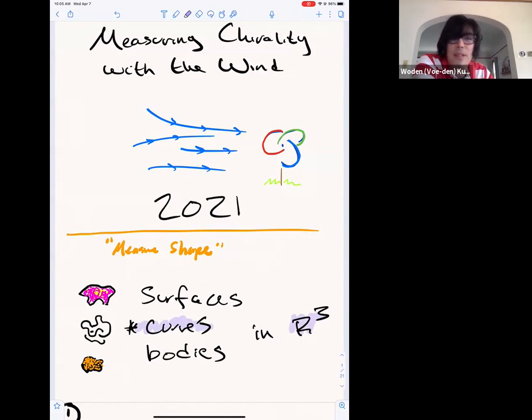As you'll notice, I've said torque a number of times. We'll use some of the nice identifications in R3 to make sure that we're not mixing up vectors and covectors and things like that. Okay, so that's our plan. And we'll go into a little more detail with definitions to start with.